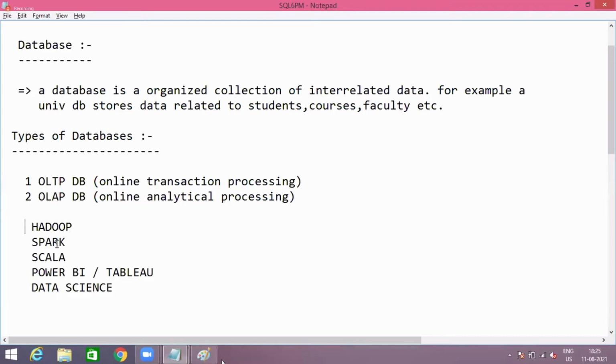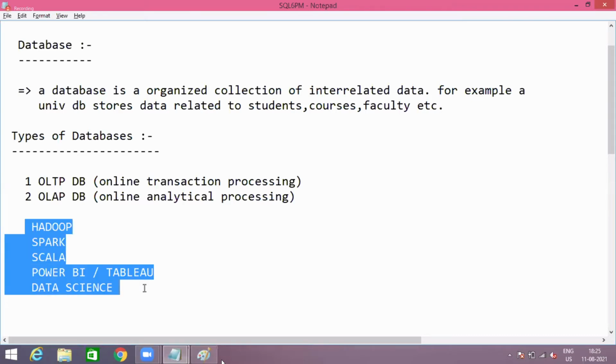Why were these technologies introduced? All these are tools used to analyze data. You can call them frameworks or tools for data analysis.